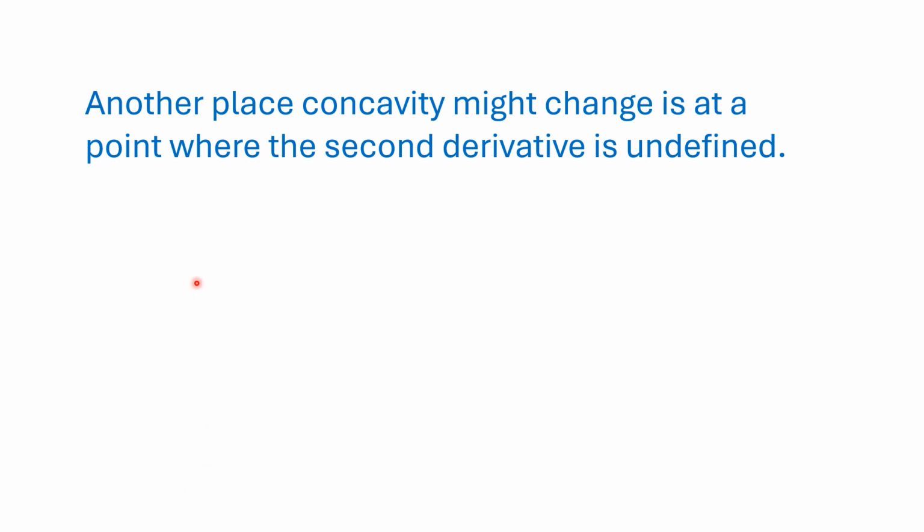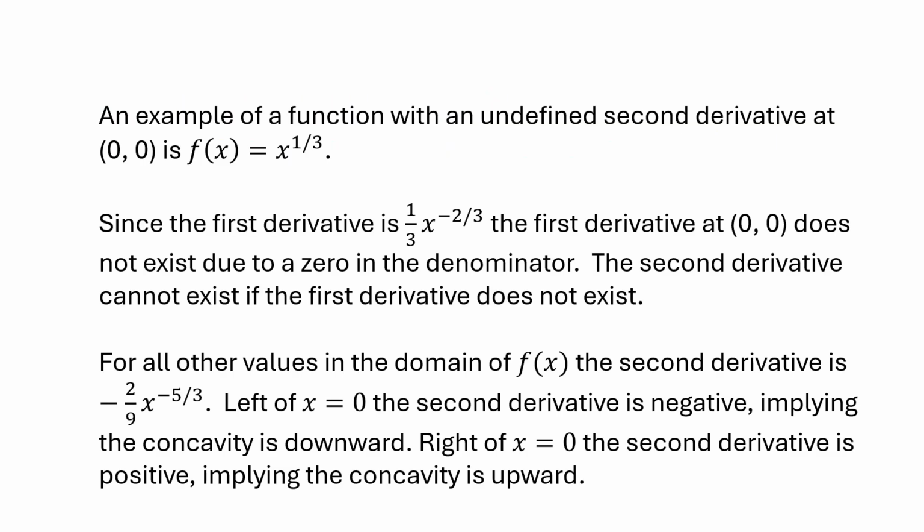Another place concavity might change is at a point where the second derivative is undefined. An example of a function with an undefined second derivative at 0, 0 is f of x equals the cube root of x, or x to the 1/3. The first derivative is 1/3 x to the negative 2/3.